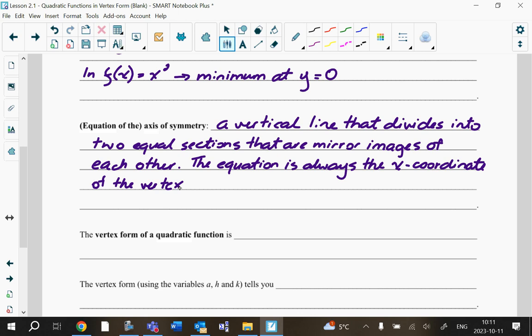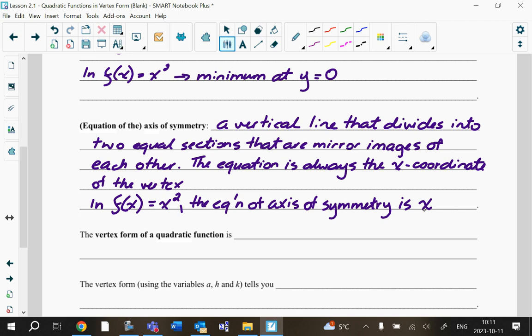So in f of x equals x squared, the equation of the axis of symmetry is x equals 0. Those are the main properties.